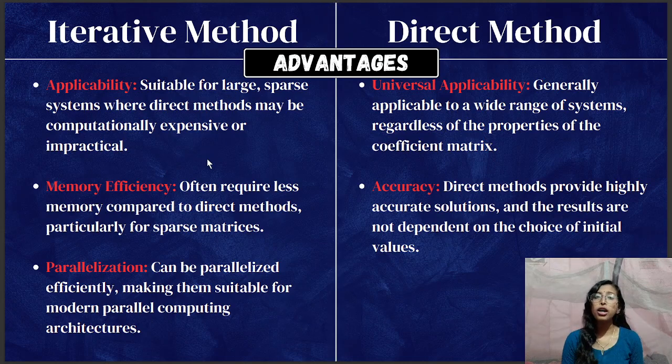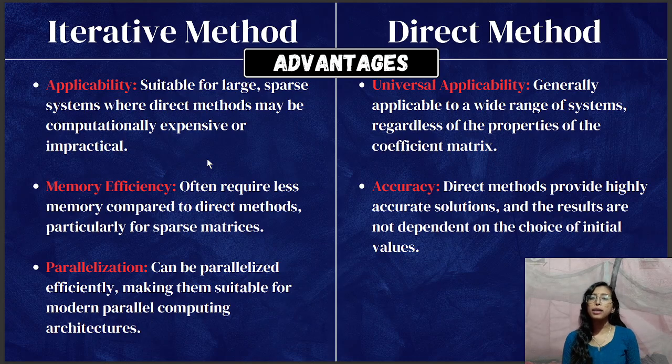Applicability: suitable for large sparse systems where direct methods may be computationally expensive or impractical, and it has good memory efficiency. It often requires less memory compared to direct methods, particularly for sparse matrices. Parallelization: can be parallelized efficiently, making them suitable for modern parallel computing architectures.